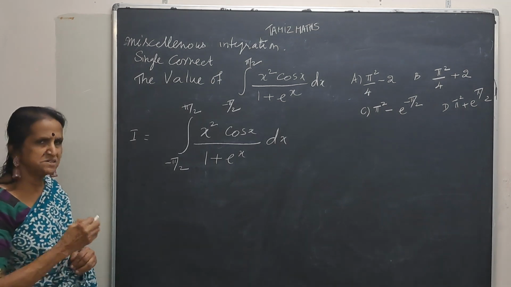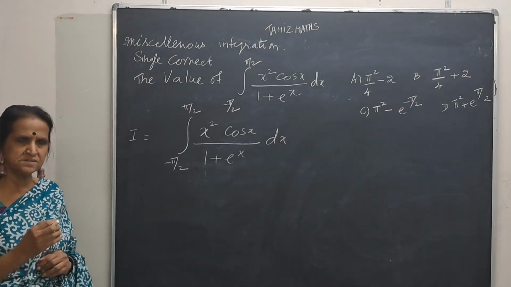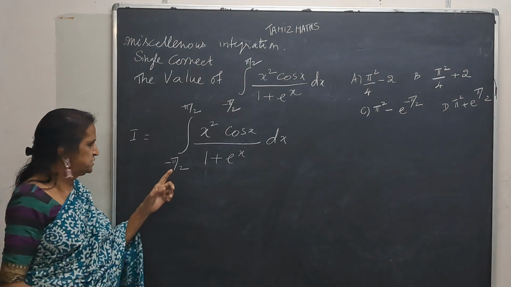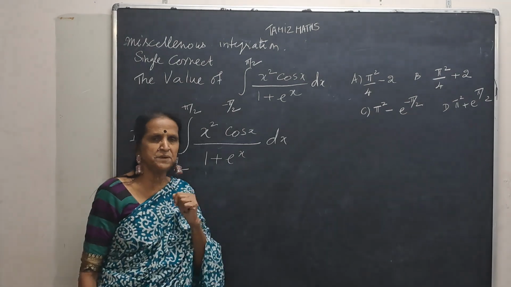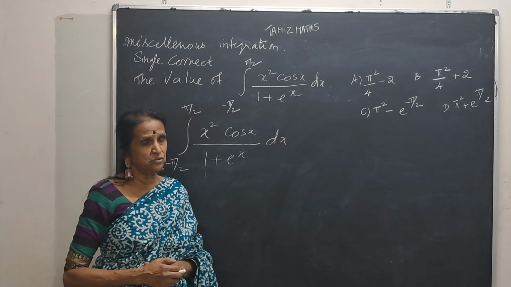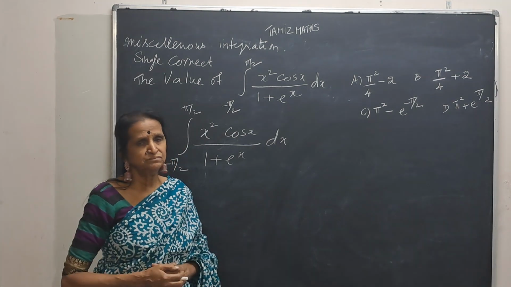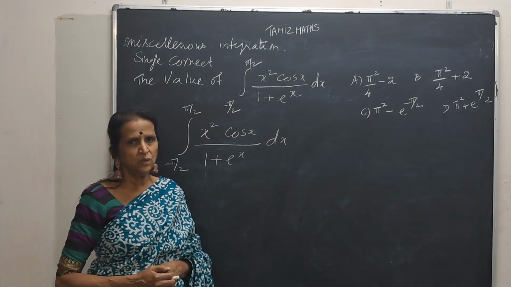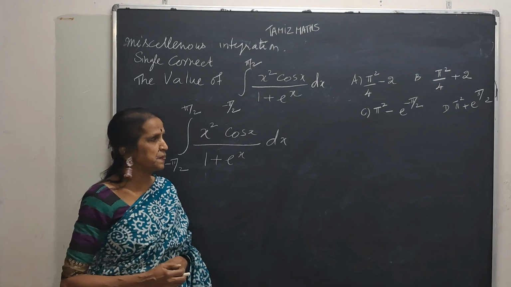This problem is something we can handle very easily by parts, provided this 1 plus e power x had not been there. So I have to do something to eliminate that 1 plus e power x.